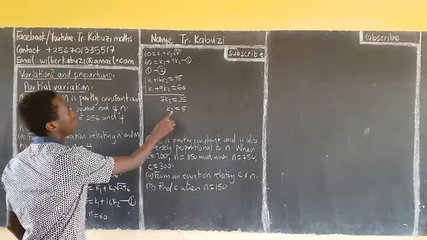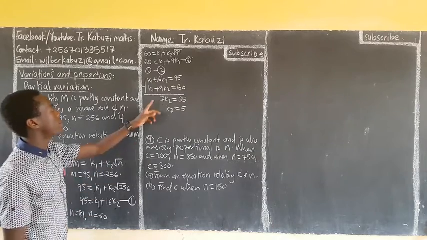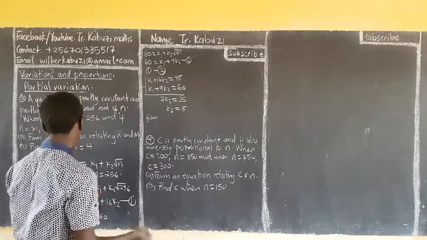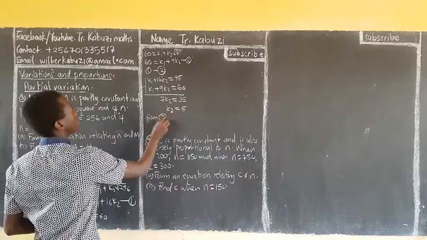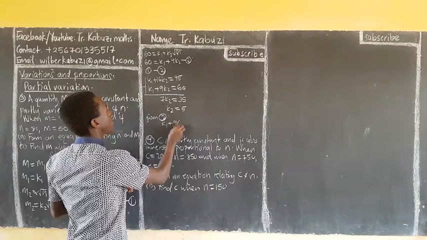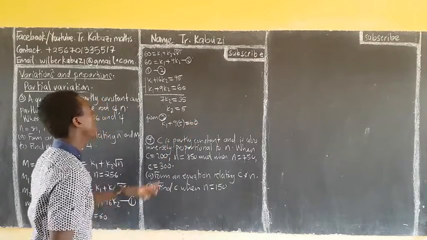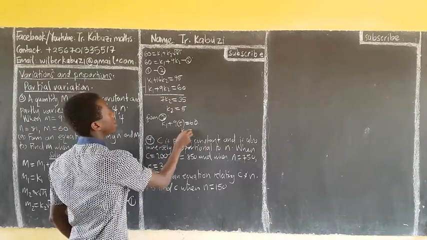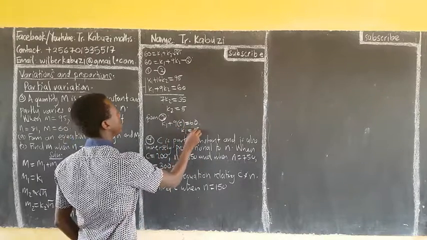So if k2 is 5, we use it to get k1. From which equation? From equation 2, that is the easiest. From 2, my k1 plus 9 times k2, now k2 is 5, is equal to 60. And you see, if I take this, it will be 45, to the other side, so you see that my k1 is going to be 60 minus 45, I think you get 15.